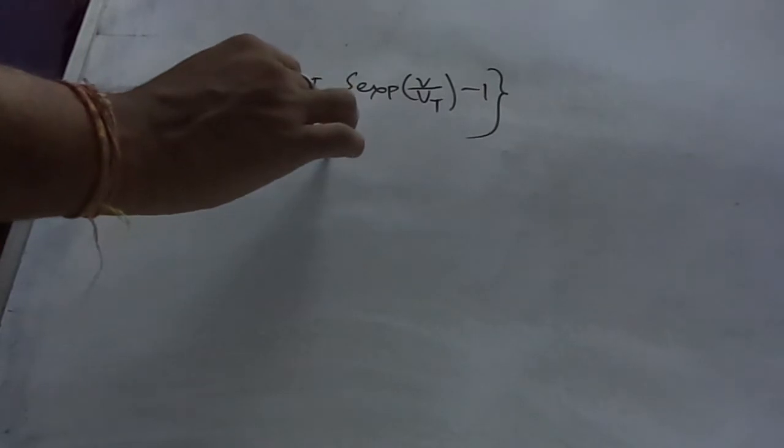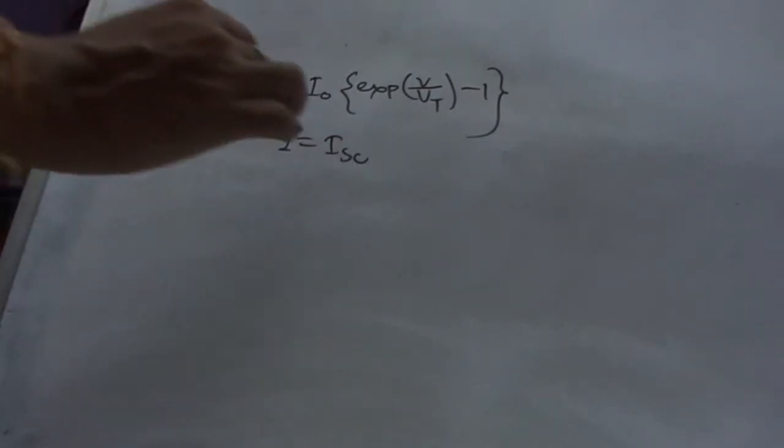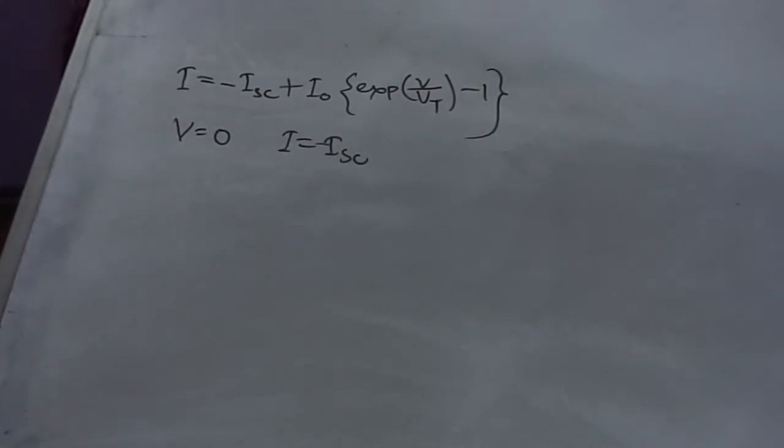When the junction is short circuited at its terminal, V becomes 0 and a finite current I equal to minus ISC flows through the external path emerging from the P side.